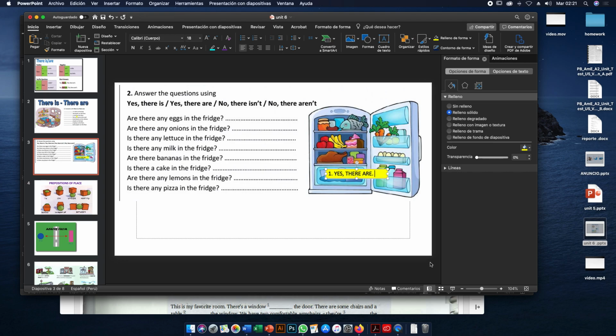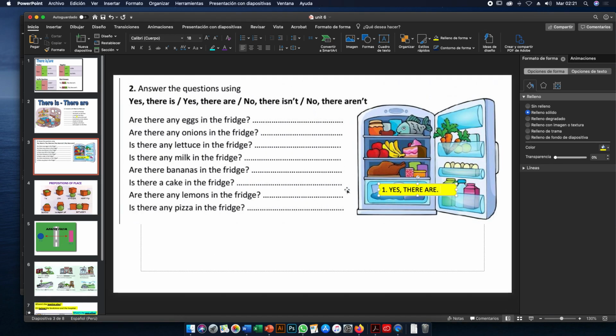If you observe here, you are using are there. Are there any eggs in the fridge? So that's why you say yes, there are. Why there are? Because it is plural. Then we have in number two, are there any onions in the fridge?